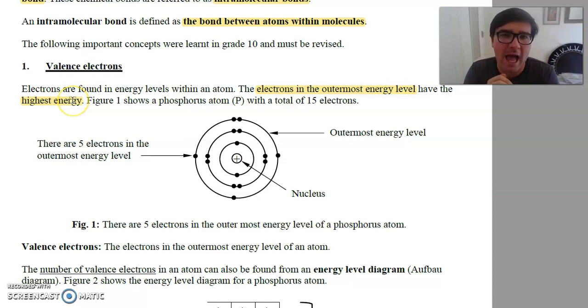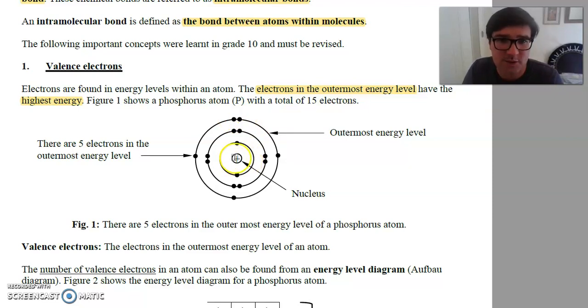Now, why do they have the highest energy? If you think of it, electrons are charged negative, the protons in the nucleus are positive, so we can say the nuclear charge is positive. So there's an electrostatic force of attraction between these oppositely charged particles. However, due to the presence of these core or inner electrons, the force that the nucleus can exert on those outer electrons, our valence electrons, is weaker.